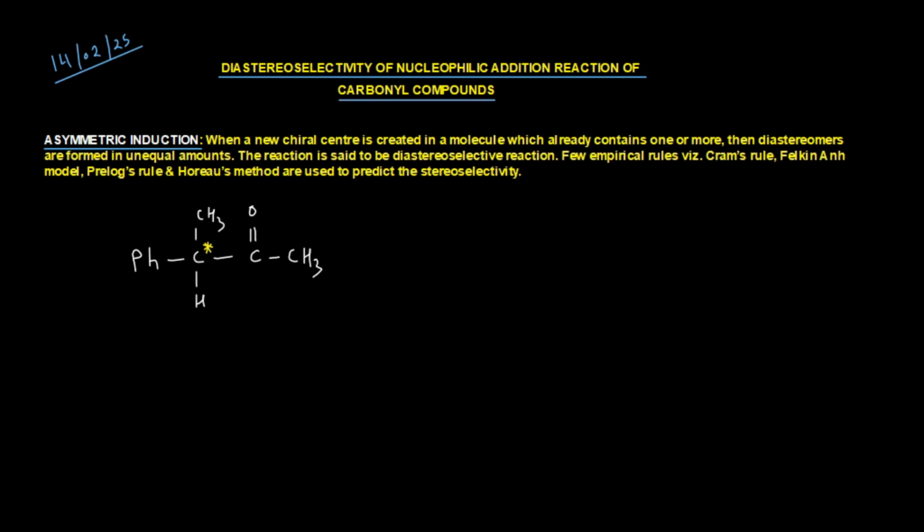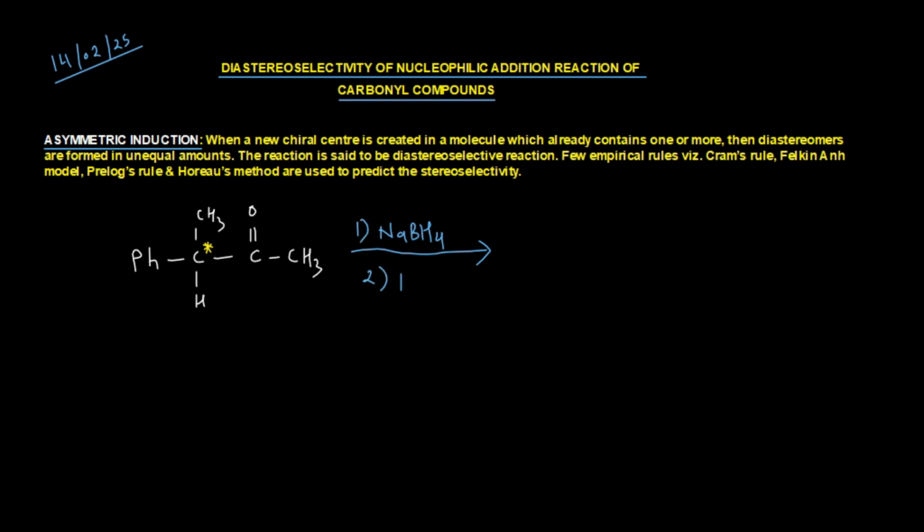Now if you do the nucleophilic addition reaction onto this particular system, you can take, say, sodium borohydride, NaBH4. This is step number 1, and after that you will do the protonation.